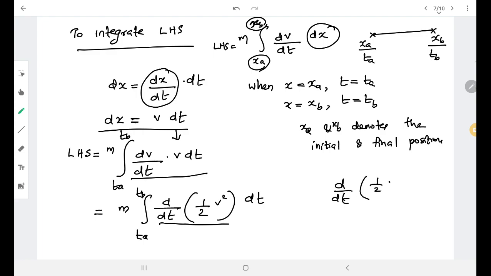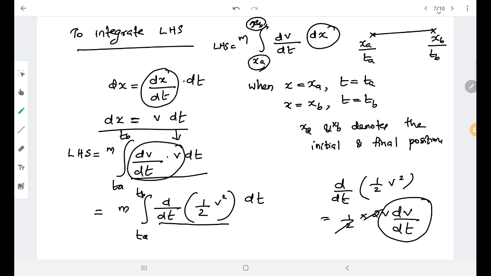Half is a constant, v square differentiates to 2v, and we differentiate in terms of t. So 2v dv/dt, where the 2 cancels, and we get v dv/dt. So dv/dt into v can be written as v into dv/dt, which can be written as d/dt of half v square.